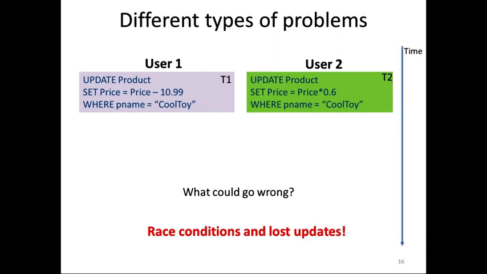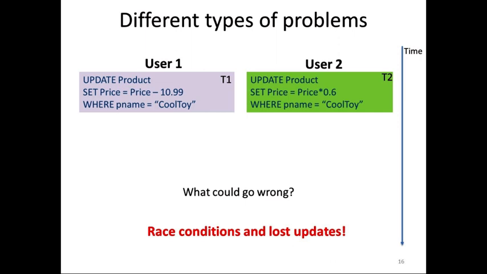So initial value 20 is read by both T1 and T2. Then T1 computes a new value, which is of course 20 minus 10.99, so 9.01. T2 computes its own value, its own update, which is of course a reduction by 40%, so 12.